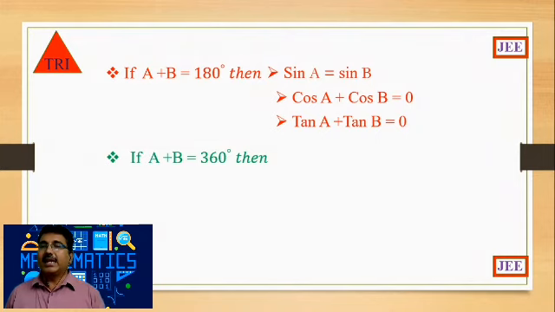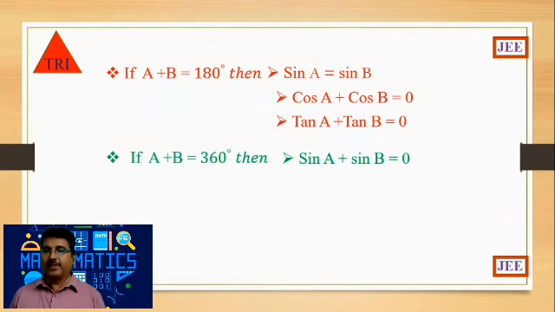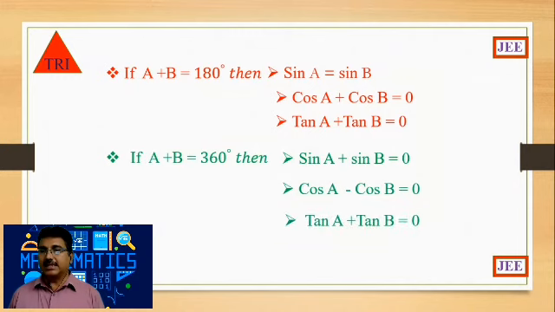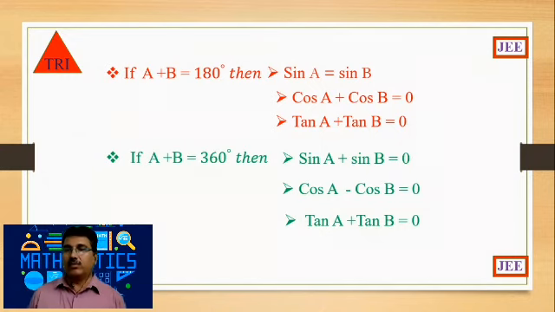In this, sin A plus sin B is equal to sin A plus sin of 360 degrees minus A, that is equal to sin A minus sin A, that is equal to 0. Now, similarly, cos A minus cos B is equal to 0, and tan A plus tan B is equal to 0. Right. Now, see some examples.